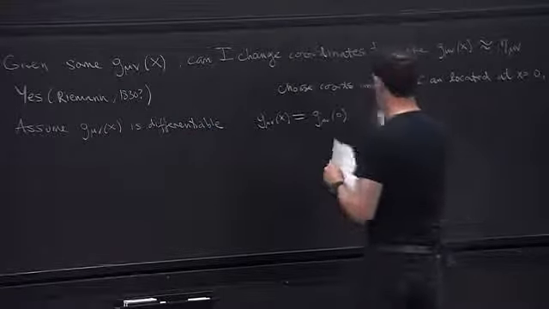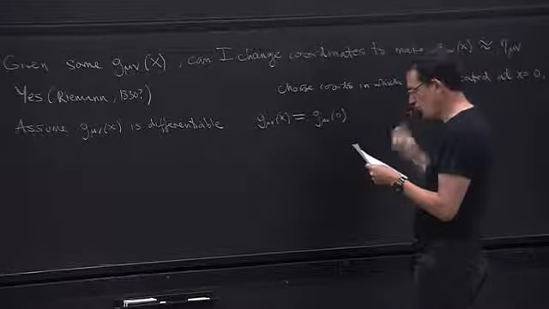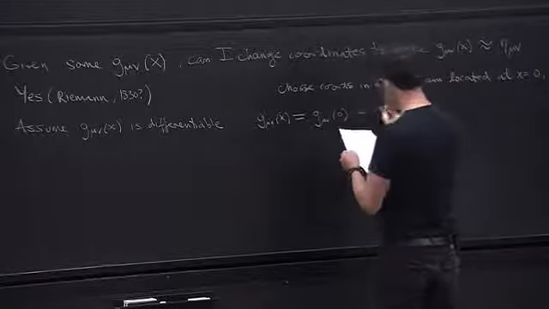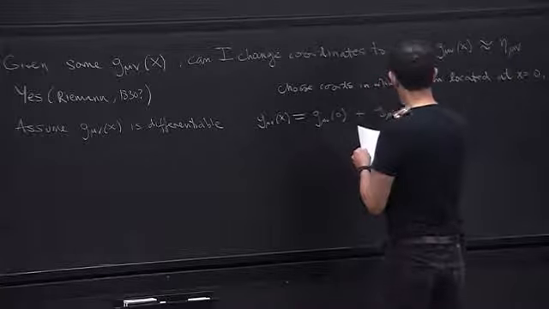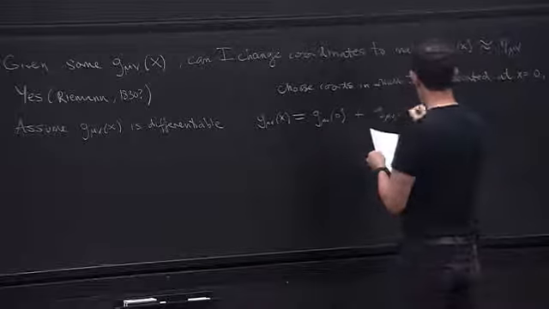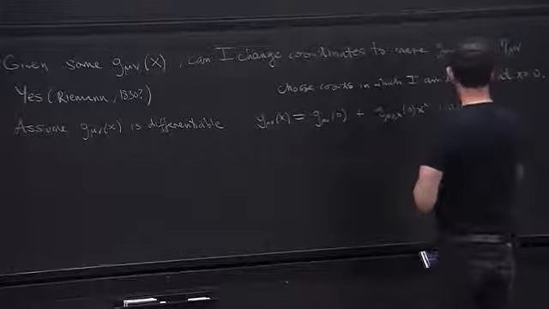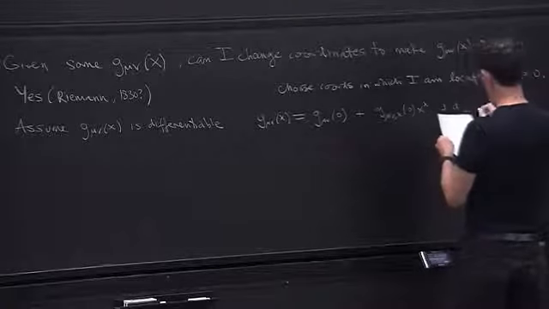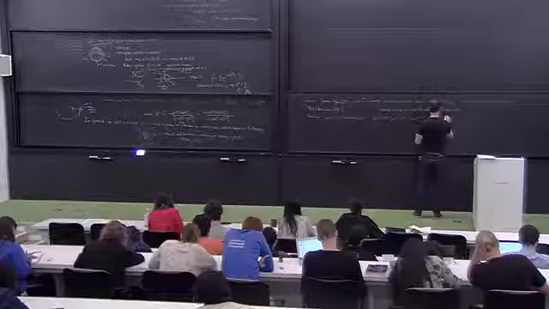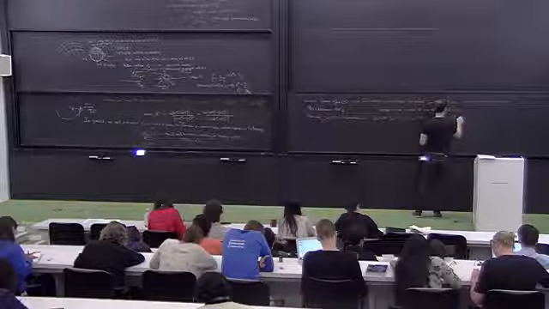Okay, so g mu nu is equal to the metric exactly where I am, plus g mu nu comma lambda at 0 times x lambda, plus g mu nu comma lambda sigma at 0 times x lambda x sigma, plus dot dot dot.